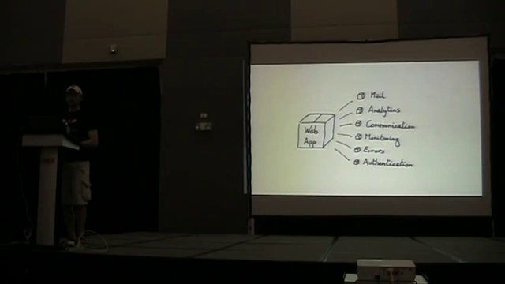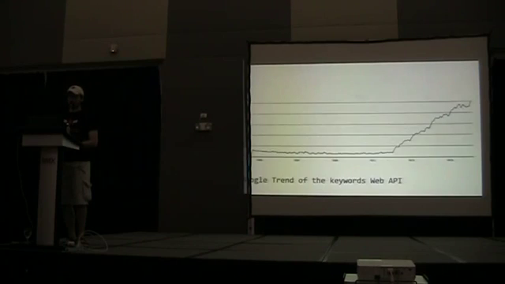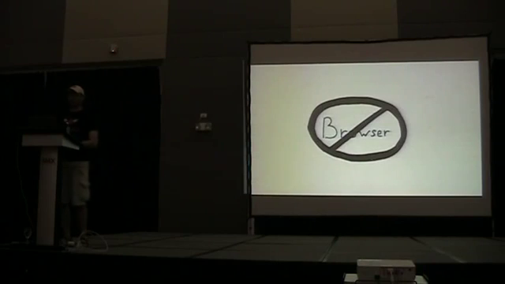To interact with those third-party services, you need to work with their Web API. And there's a reason why the Google Trends of the keyword Web API is really rising: people are using those Web APIs more and more.